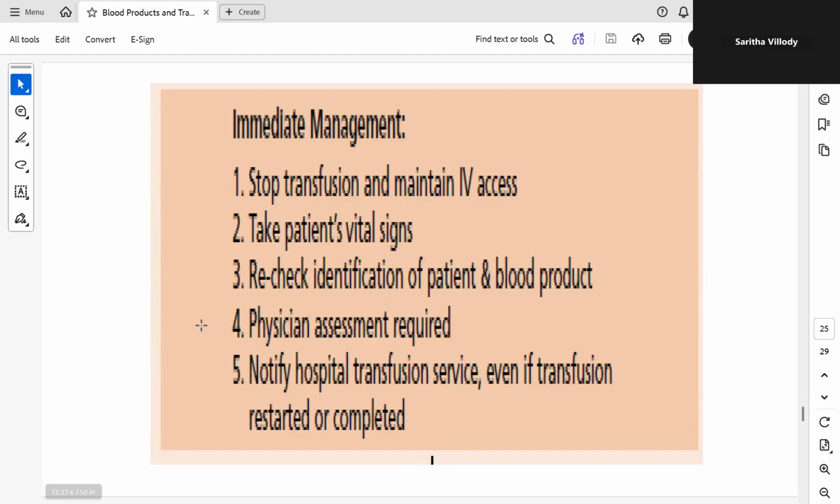You don't do that as a priority. What your priorities are: stopping the transfusion, making sure they have an IV access or starting an IV normal saline line, taking patients' vital signs, and making sure that you give the right blood product. And then you notify the physician and the blood bank.